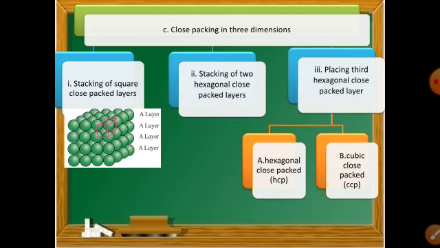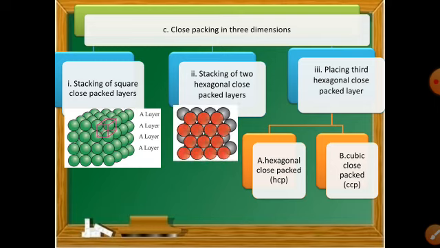Now next see the stacking of two hexagonal close pack layers. The first layer, we have seen, is an AB type.